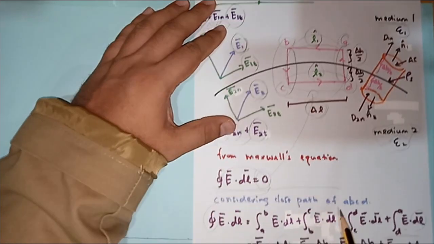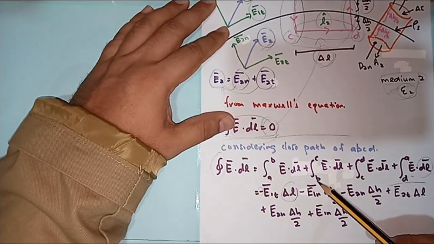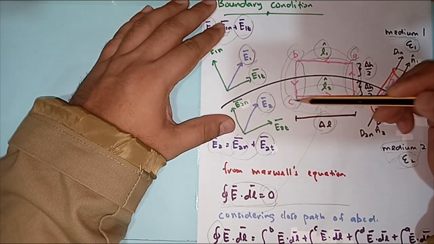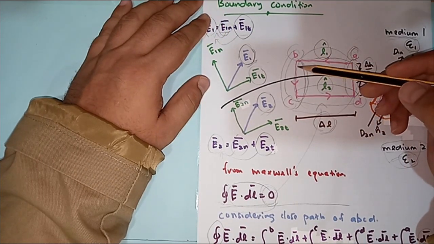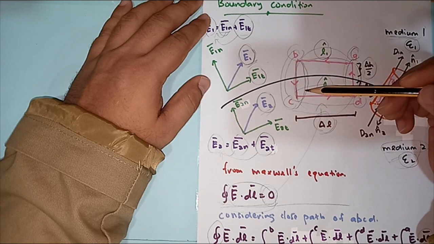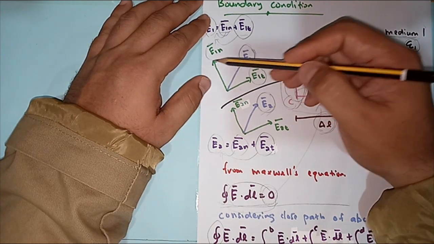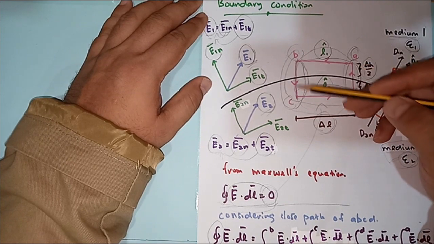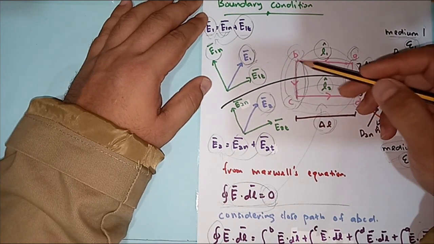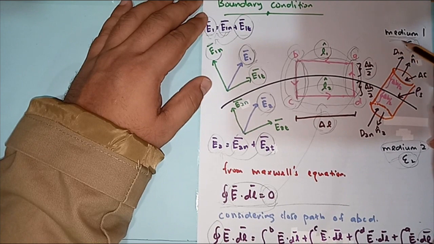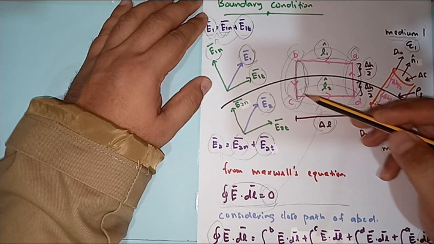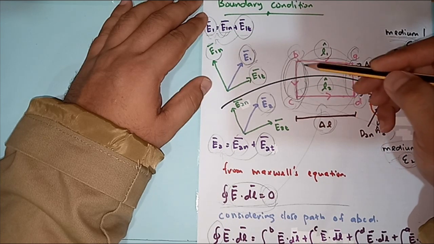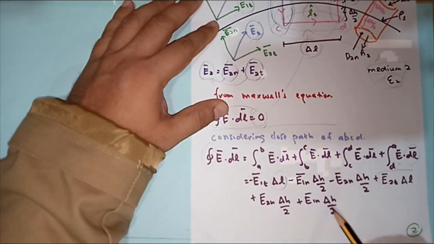The same goes for the integration for the line from B to C. In this case, this line corresponds to the normal component of this vector, and half of this line exists in medium 1 and the other half exists in medium 2. So the line integration for this line can be divided into two parts.